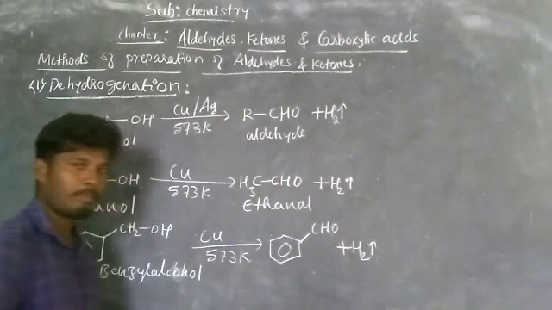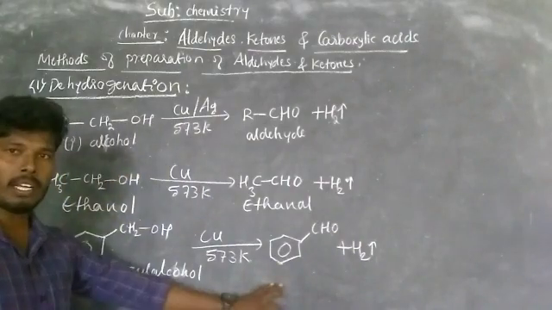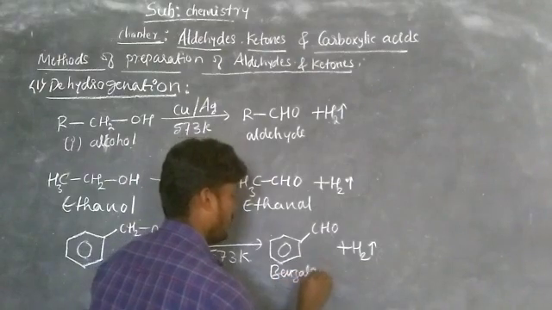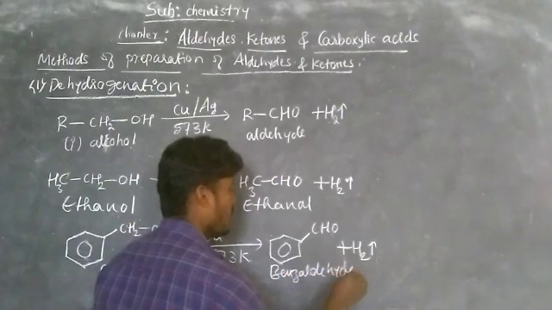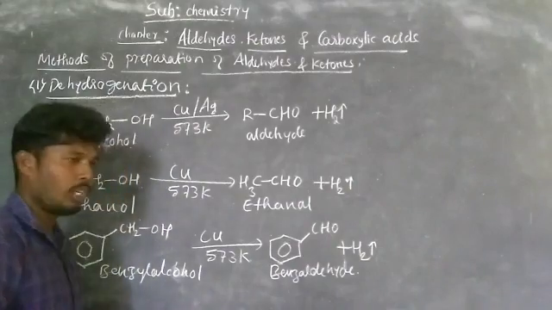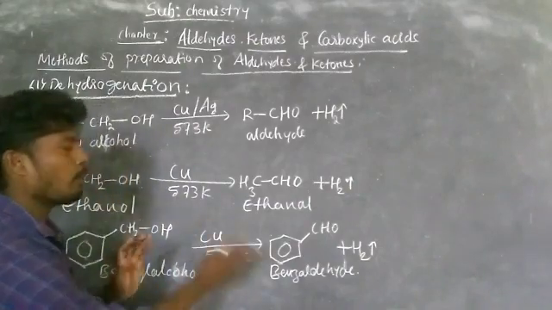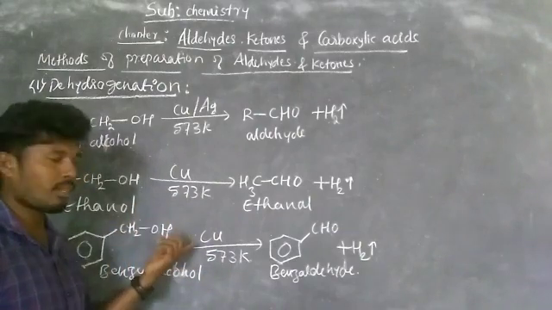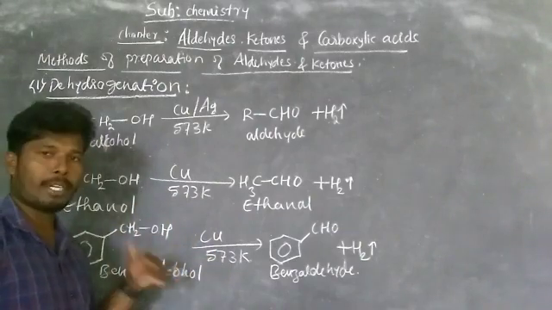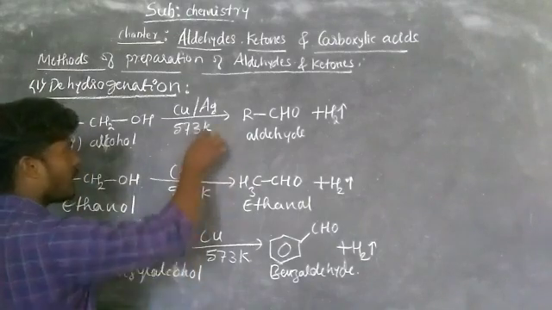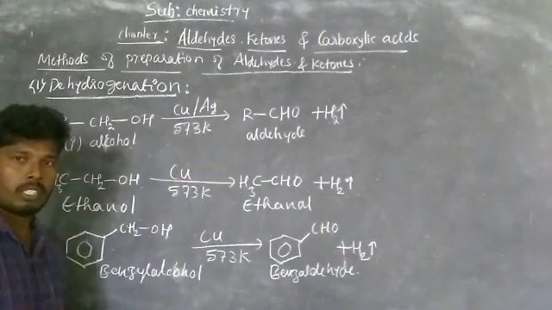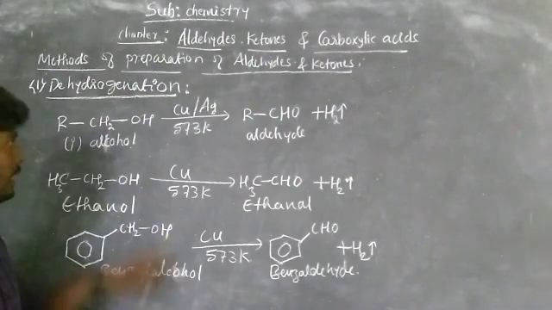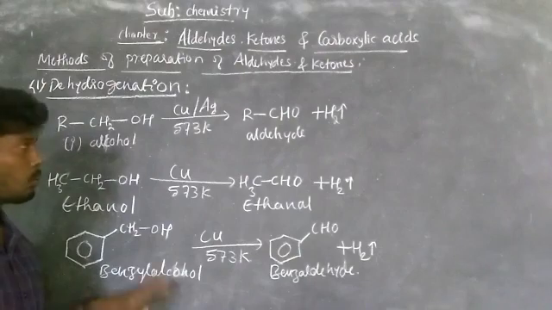So what is the name? Aromatic aldehyde, that is called benzaldehyde. So see students, it is a very interesting topic. We are converting one product to another by heating with some reagents or by passing the vapors of alcohols through the copper tube at a particular temperature. This is called the reaction condition. Now you get benzaldehyde from benzyl alcohol by the dehydrogenation process. So this is the one method.